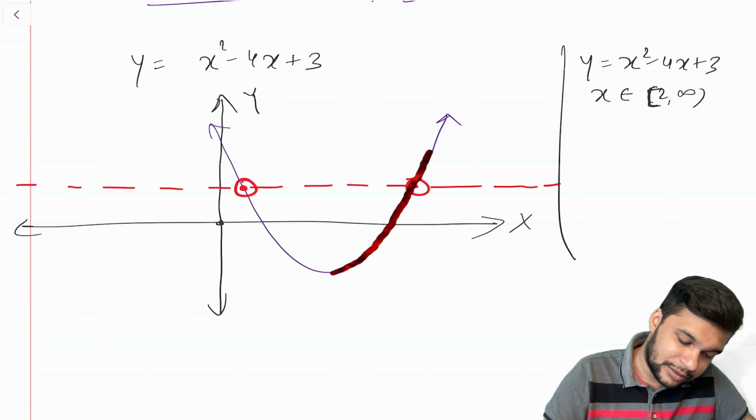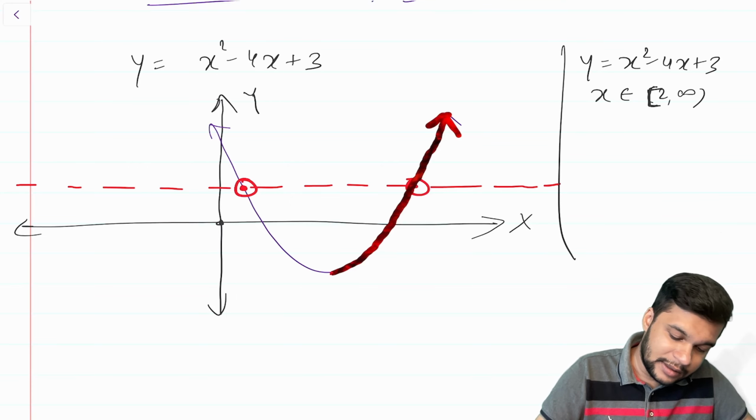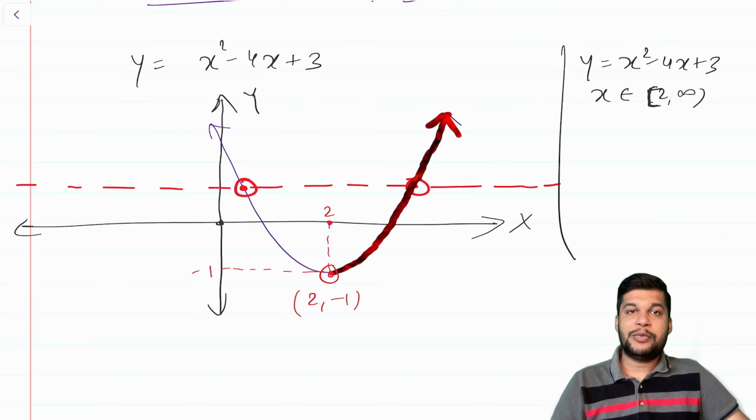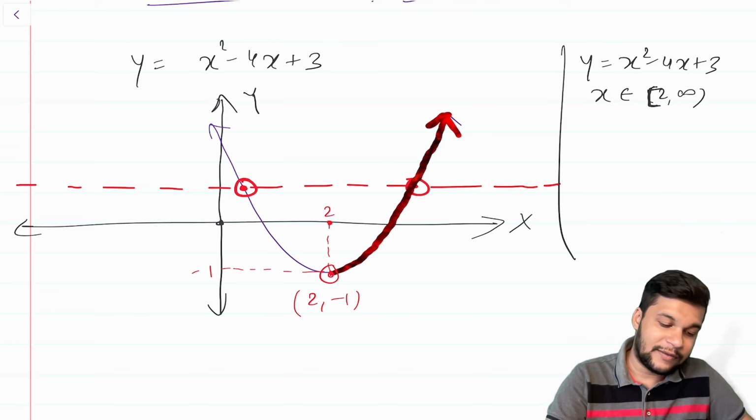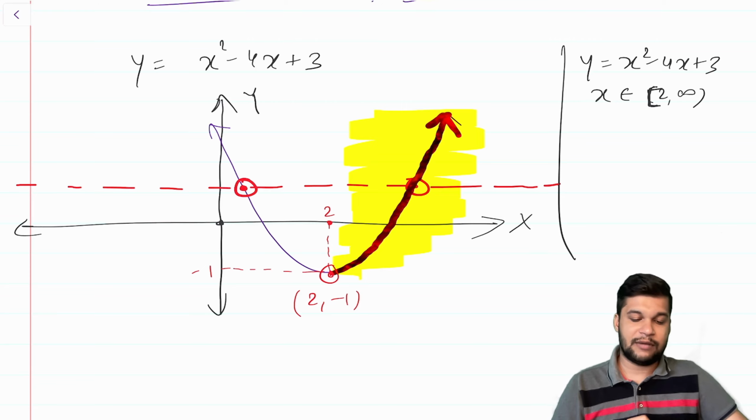The reason being, this point over here is 2 comma minus 1. So I'm talking about only the right hand side half, only this part of the graph.